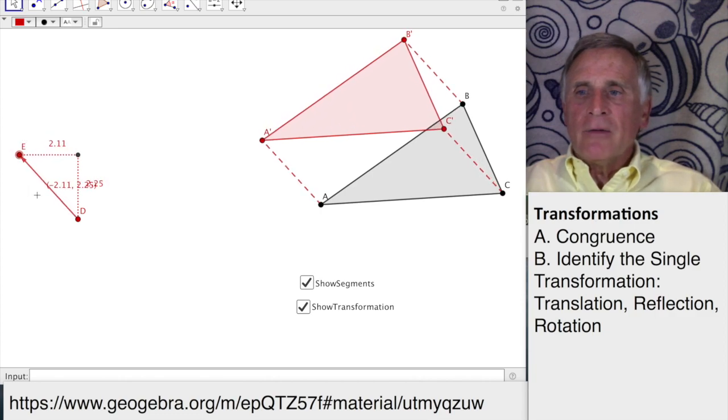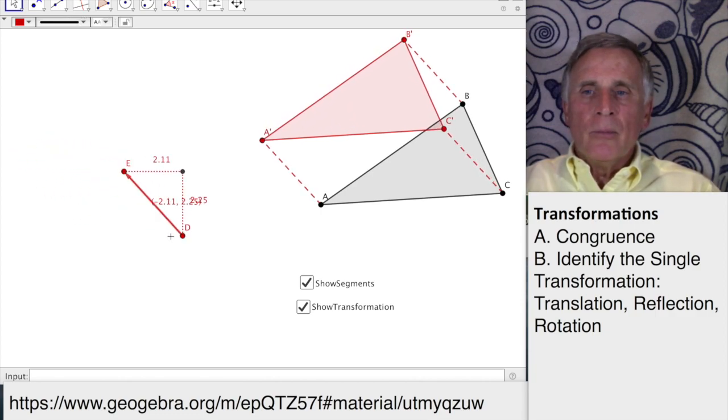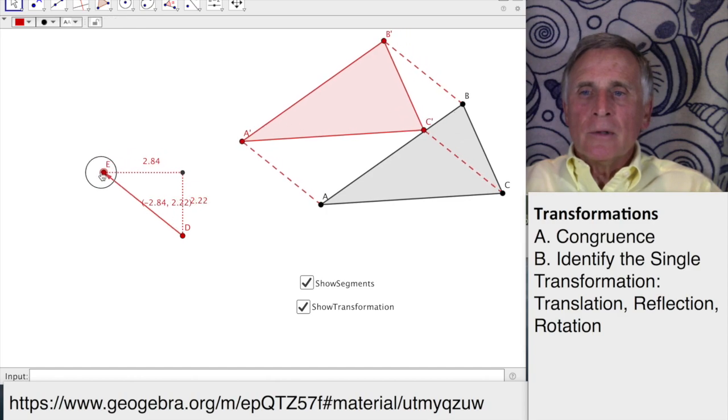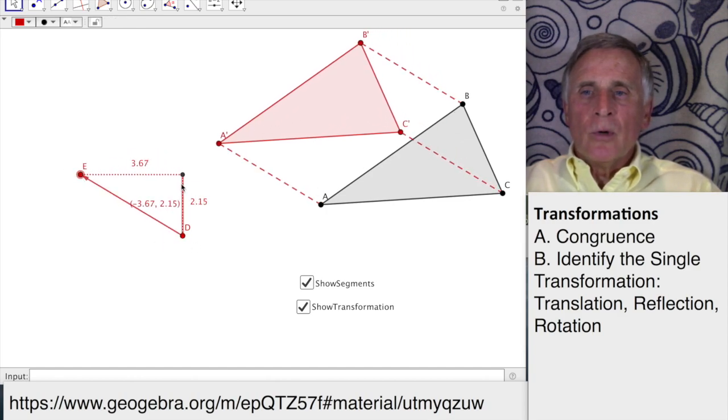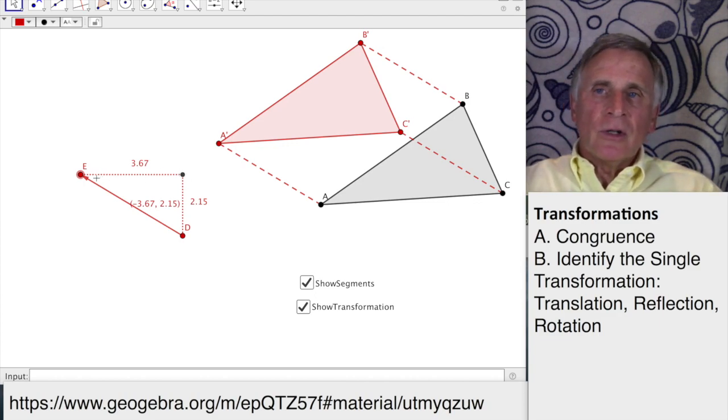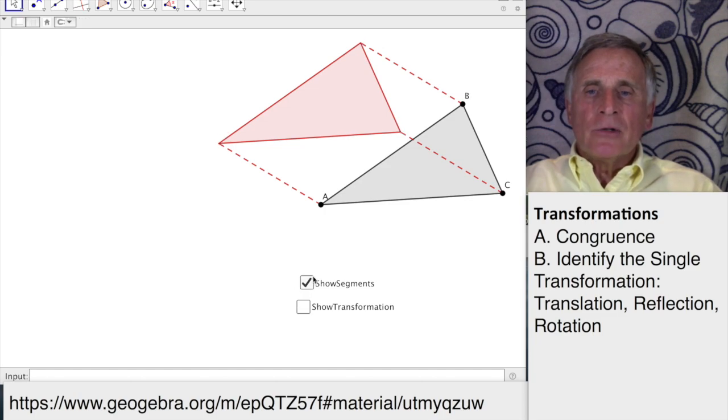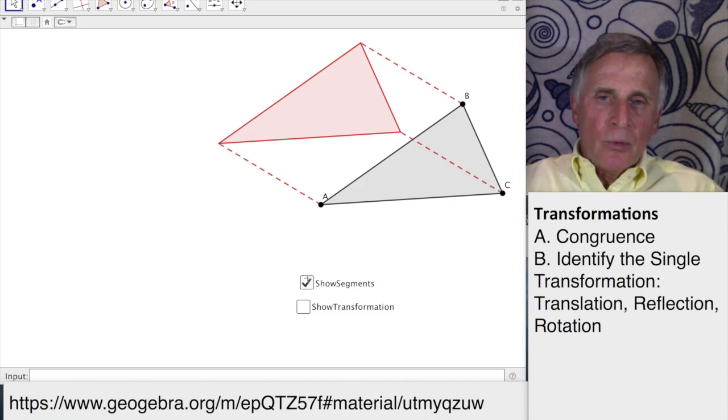So now I have a movement upward of 2.15 and a movement to the left of 3.67. Again, we started by connecting each point to its image point with segments. As soon as you see that they appear to be parallel, you focus on whether they appear to be the same length. If they are the same length and parallel, then it's a single translation.